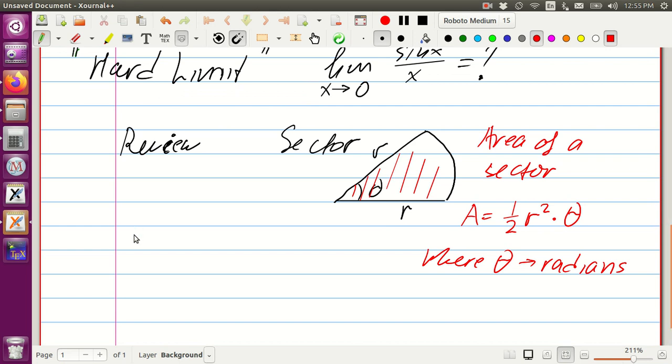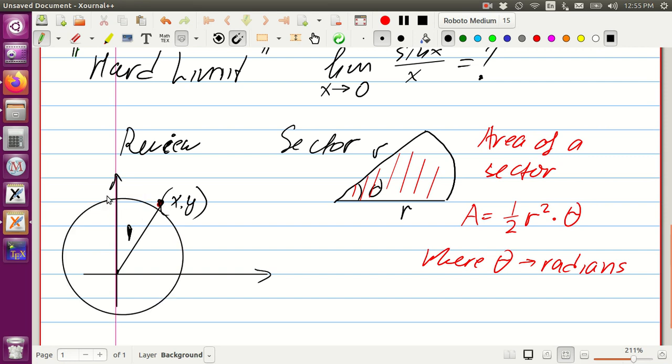All right. So what else do we need to review? We also need to review if we have some point x and y on the plane, and we connect it with the origin, and this distance is 1 and we're dealing with the unit circle. Okay.